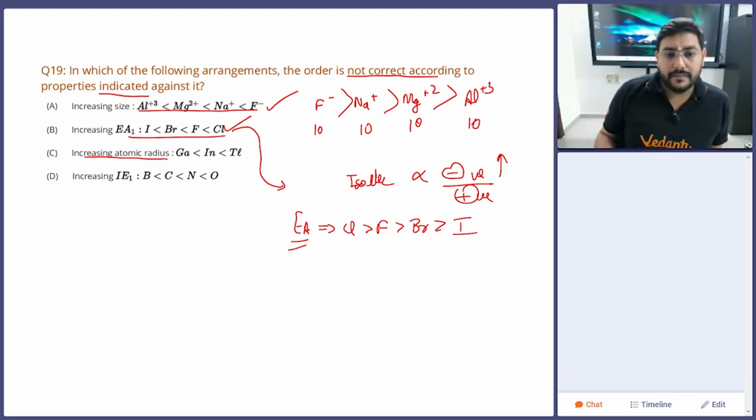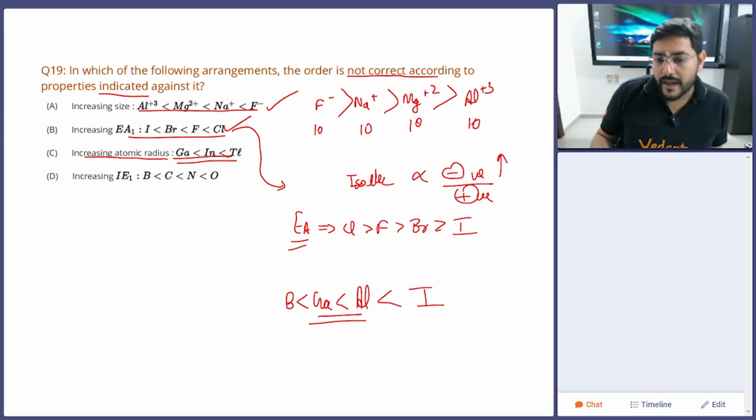Increasing atomic radius. These are the group 13 members. The size order is boron, then gallium, then aluminium, because of transition contraction, then indium and thallium. But here aluminium is not given, so they have just arranged these elements. Now ionization enthalpy is directly proportional to Z effective.